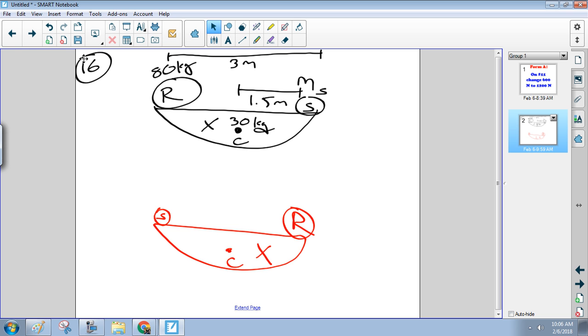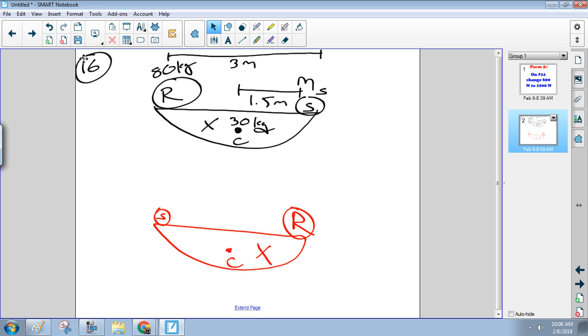Okay, and then there's gravity and normal force that cancel. So are there any external forces for the Roy-Sally canoe system? No. So what's the net force on the system? 0. So what should be true about the acceleration of the center of mass? It should be 0. In other words, in English, the center of mass of the canoe shouldn't move, right?